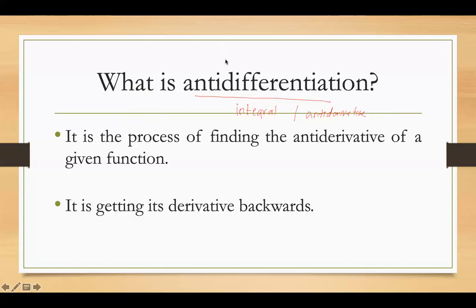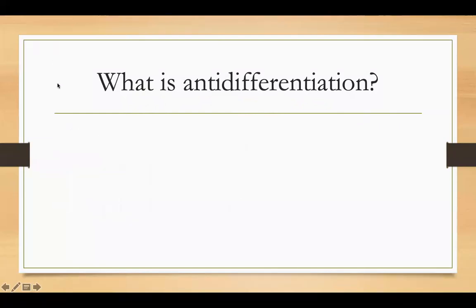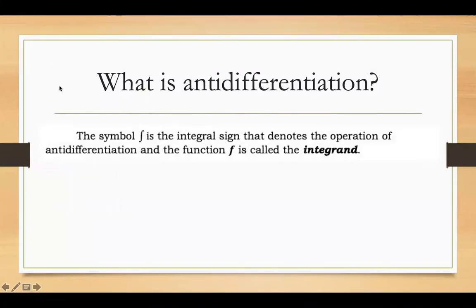Now, let me show you the different notations in writing anti-differentiation. Here, if you can see the symbol, this is the symbol for anti-differentiation, and this is what we call the integral sign. It denotes the operation of anti-differentiation or antiderivative, and the function f is called the integrand.